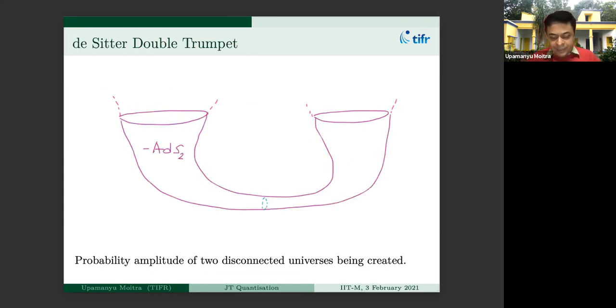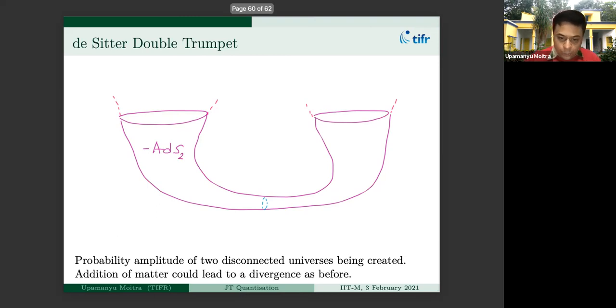We also consider what's called the de Sitter double trumpet, which is the AdS2 double trumpet where the two ends continue to de Sitter. This measures the probability amplitude for two disconnected universes being created, and this is an interesting result.